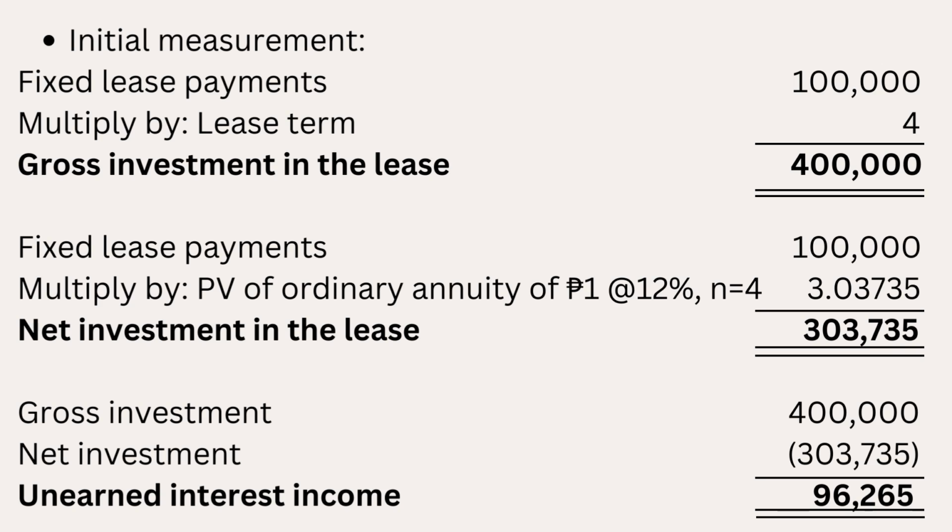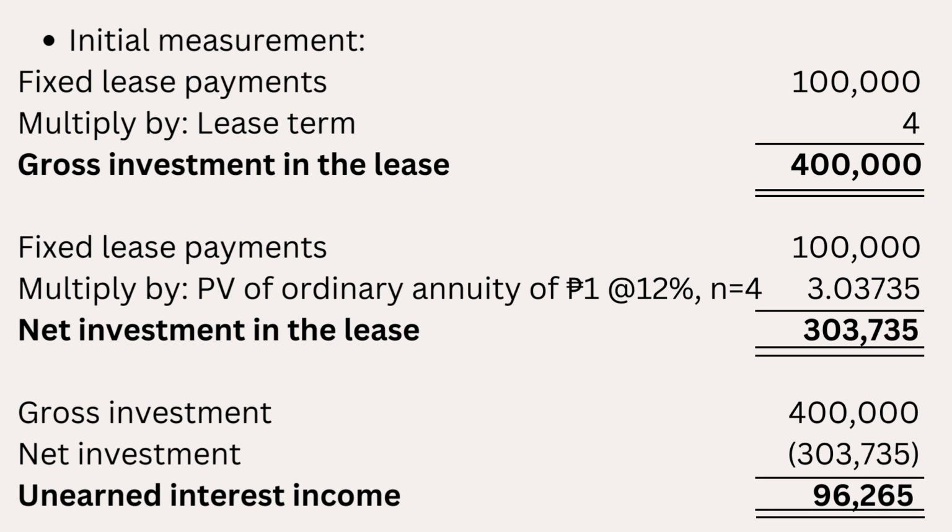Initial measurement. Fixed lease payments of 100,000 multiplied by lease term of 4 years equals gross investment in the lease of 400,000. Fixed lease payments of 100,000 multiplied by present value of ordinary annuity of 1 at 12% and 4, which is 3.03735, equals net investment in the lease of 303,735.